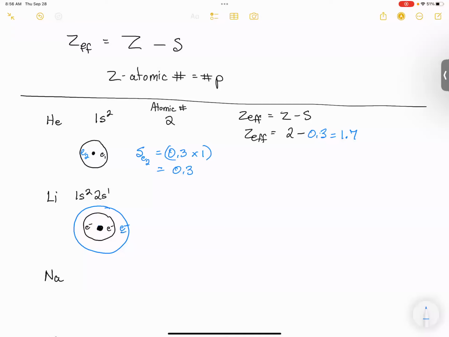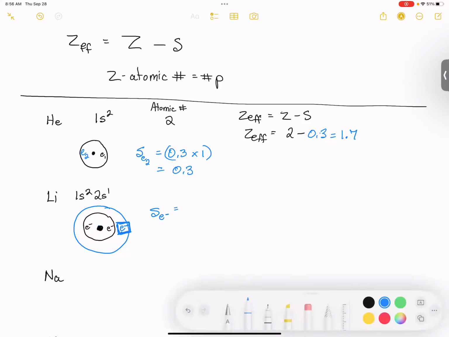I want to know what is going on with this electron. So my shielding for that electron is going to equal, well, this is shell 2, this is shell 1. So my N here is equal to 2, because that's the one where I want to figure out what's happening to that electron.